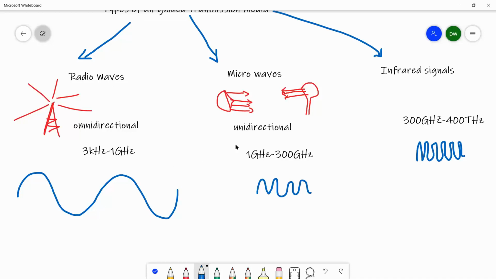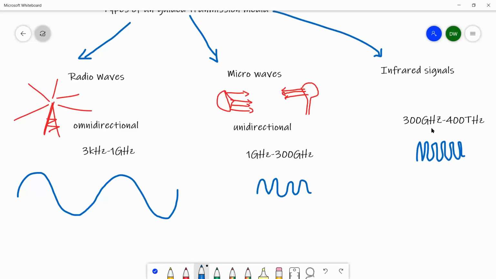And for example, if we take a microwave oven, inside the microwave oven there are microwaves, but microwave signals do not come outside that microwave, right? So they cannot penetrate through the microwave oven. And infrared signals, we have used in mobile phones to transfer files.